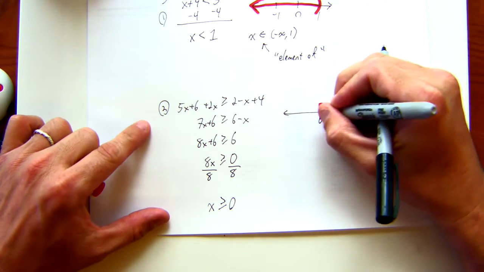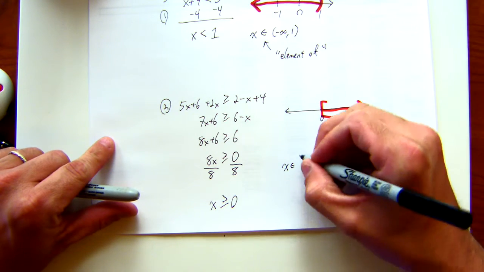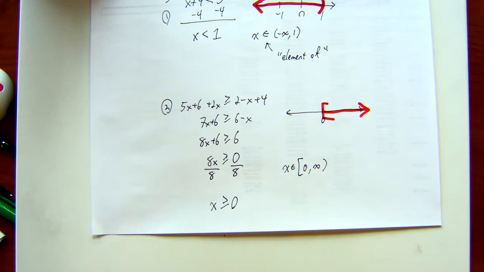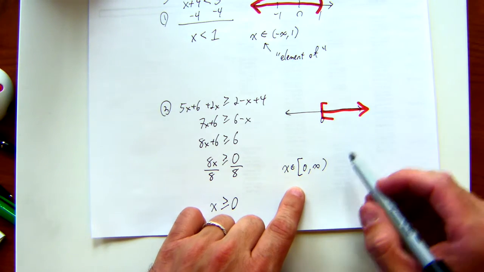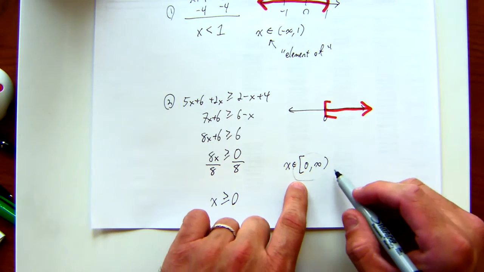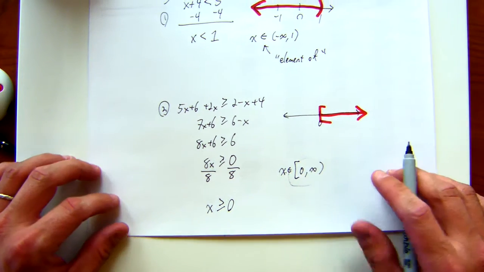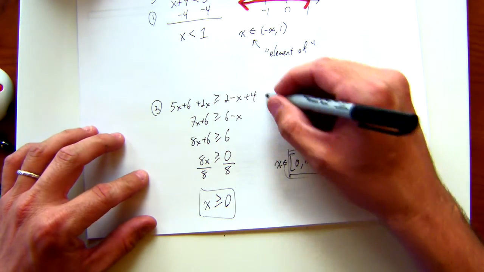Including the 0, bigger than or equal to. So you could say x is an element of 0, comma infinity, open. What I'm going to be asking for is probably a graph and this interval notation. I'm not worried about the backwards e, element of. But I'm going to be looking for this and this.